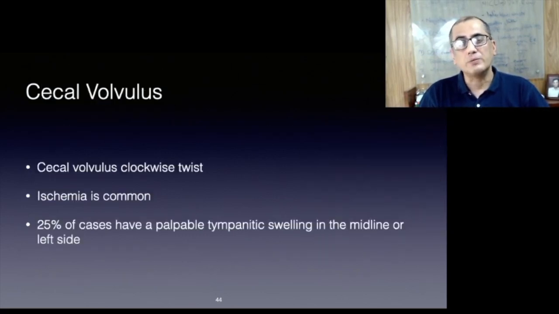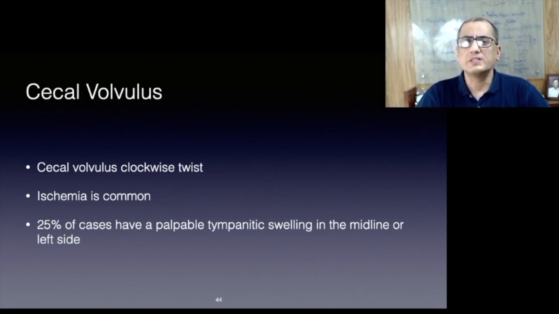Now, cecal volvulus is clockwise, and it may occur as part of a volvulus neonatorum or de novo, and is more common in females in the 4th and 5th decades, and usually presents acutely with classic features of obstruction. Ischemia is common. At first, the obstruction may be partial with the passage of flatus and feces.